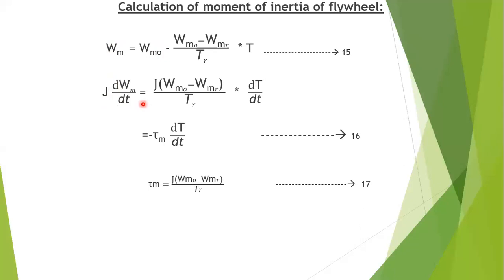If I am differentiating, this will be constant, equal to 0, and this will be omega m naught minus omega, so minus minus get cancelled, omega m naught minus omega mr by Tr into T becomes dT by dt, and multiplying with J. So here this can be replaced by tau m.